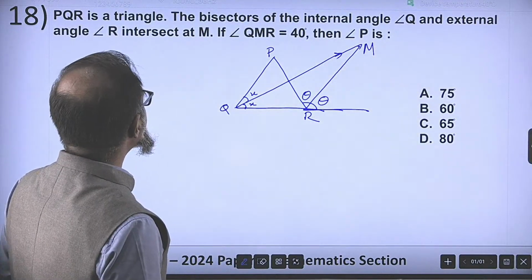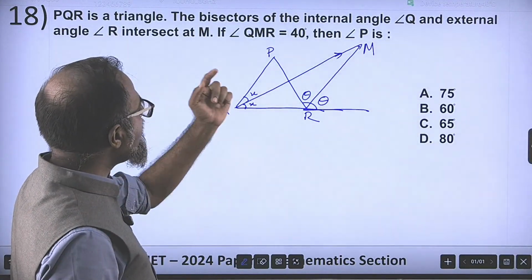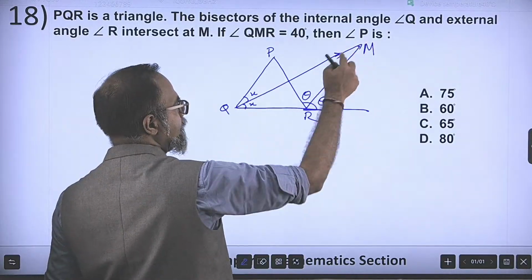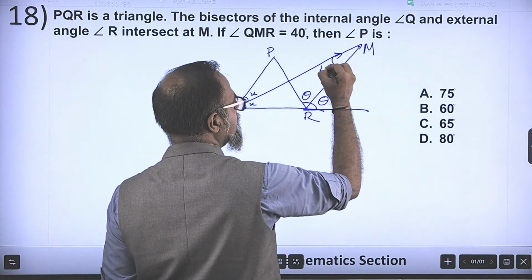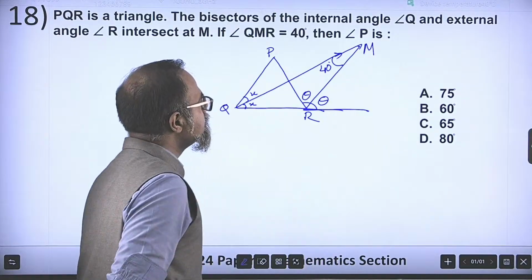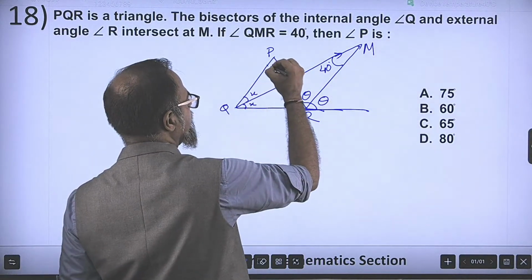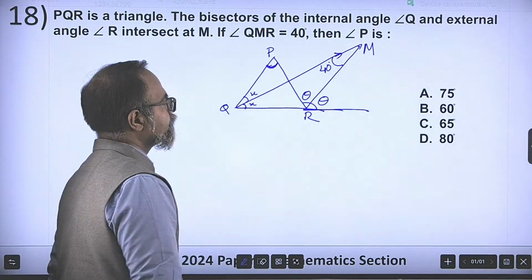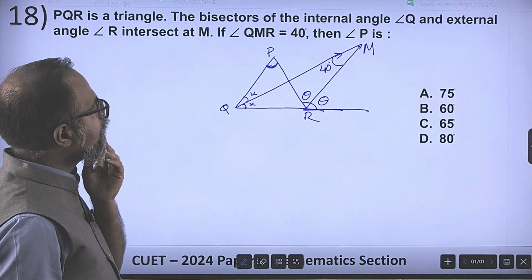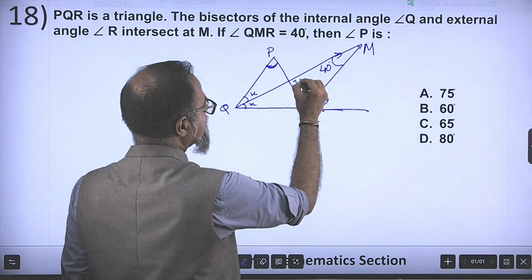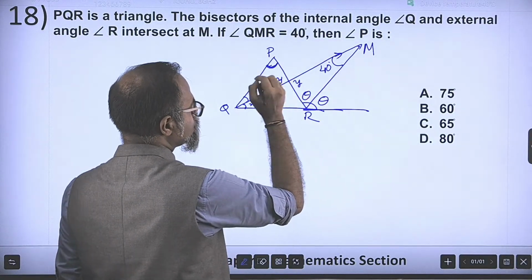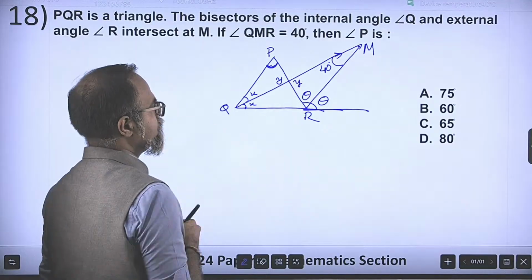Nice. Now, if angle QMR is 40, so QMR, this angle is 40 degrees, then I have to find out what is angle P, right? I need to find out what is angle P. Okay. Now, let's name these angles as Y. So this also will be Y because vertically opposite.